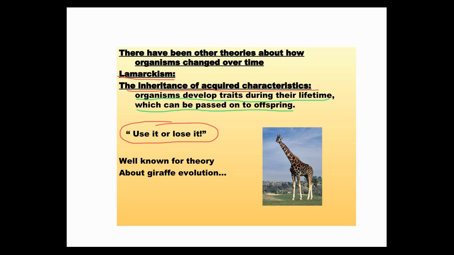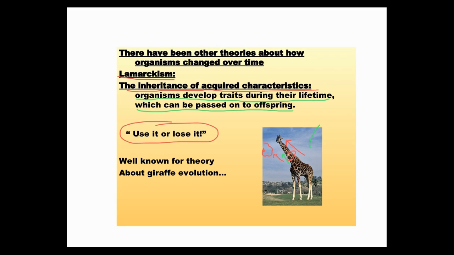So he has a well-known theory about giraffe evolution on how they got their long necks. He believed that giraffe ancestors had shorter necks, which he'd have been correct about that. But he believed that while trying to stretch up to reach the leaves in trees, the giraffes actually stretched their necks just a little bit during their lifetime.